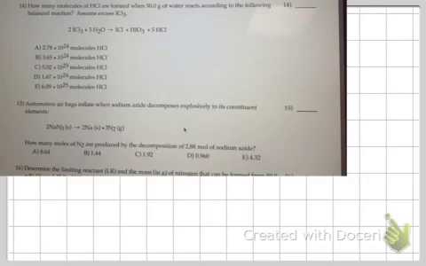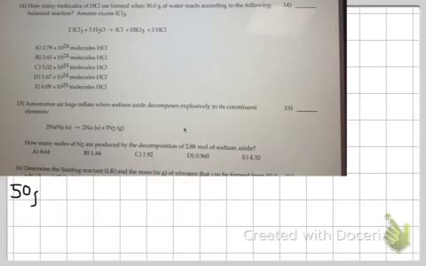So how many molecules of hydrochloric acid are formed when 50 grams of water reacts in the following equation? I want molecules HCl. So anyway, 50 grams of water.